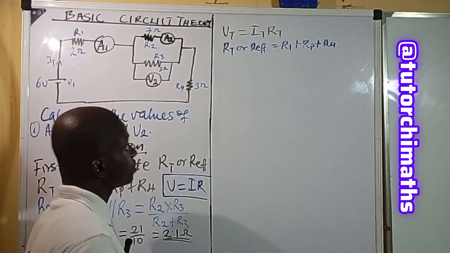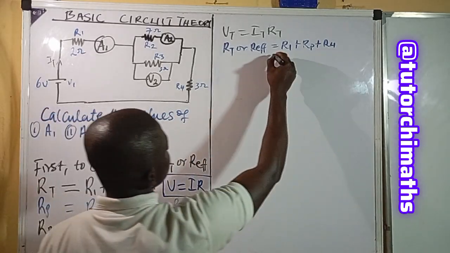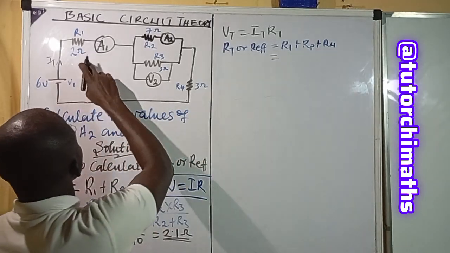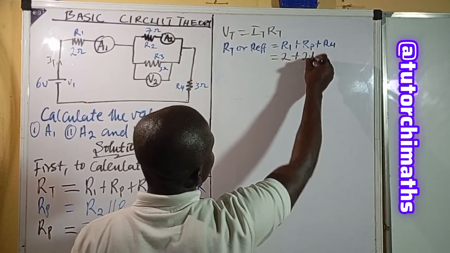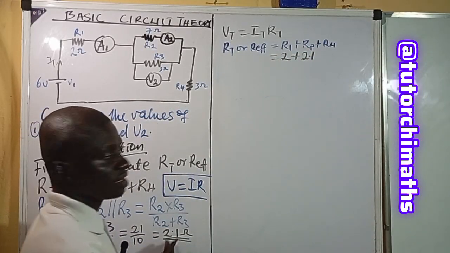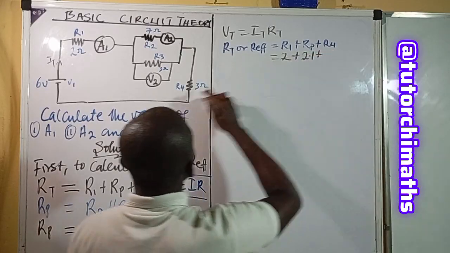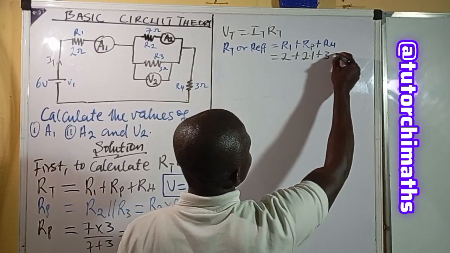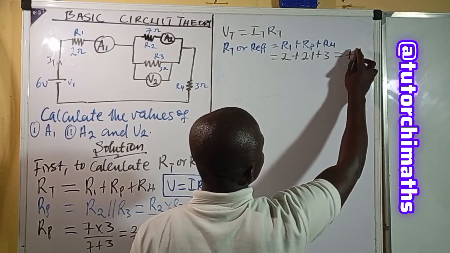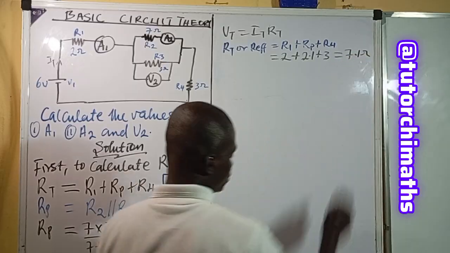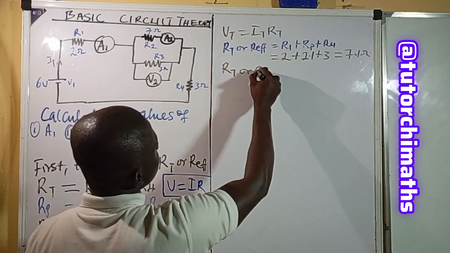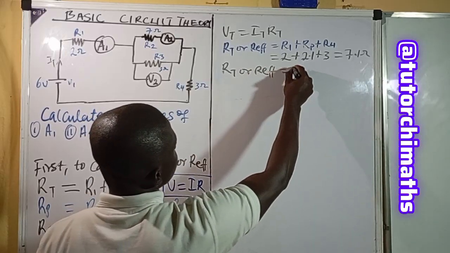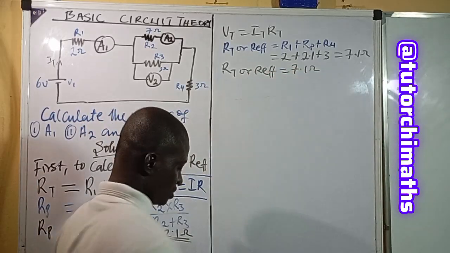So let's substitute. Our R1 here is 2 ohms, so we have 2 plus 2.1, then plus our R4, which is 3. So we can now have 7.1 ohms. So the effective resistance RT or R effective is 7.1 ohms.